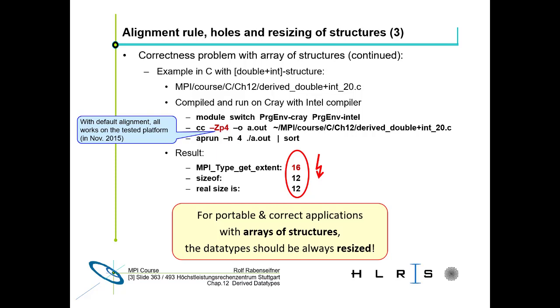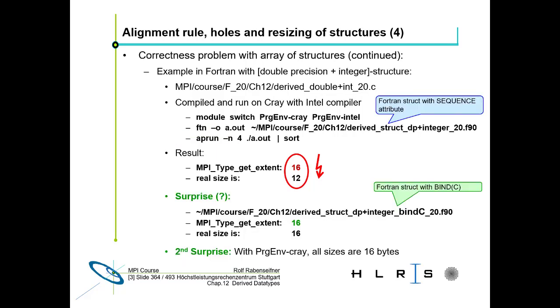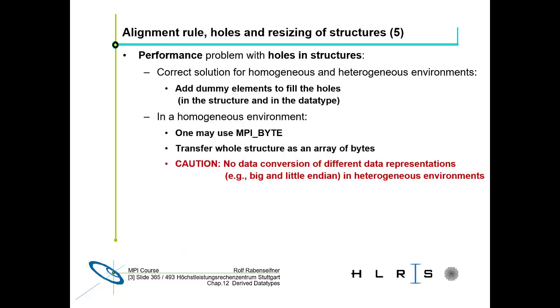So for portability and correctness, with arrays of structures, the data types should always be resized. Here's another example. In this case, this is on a Cray, and in some circumstances it actually does it correctly. But unfortunately that is non-portable, so you would have to resize anyway.